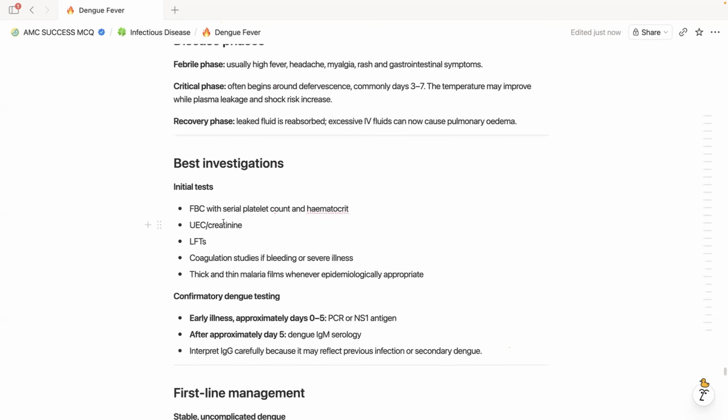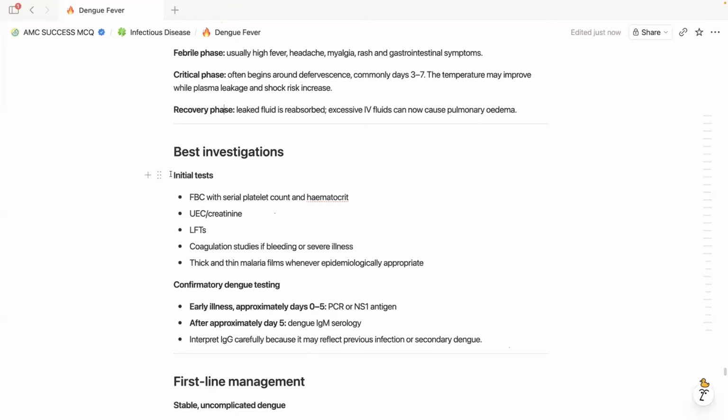The best initial and confirmatory investigations: initial is FBC with serial platelet count, hematocrit, urinalysis, culture, creatinine, LFT, and coagulation studies if bleeding or severe illness, and test for malaria where epidemiologically appropriate.